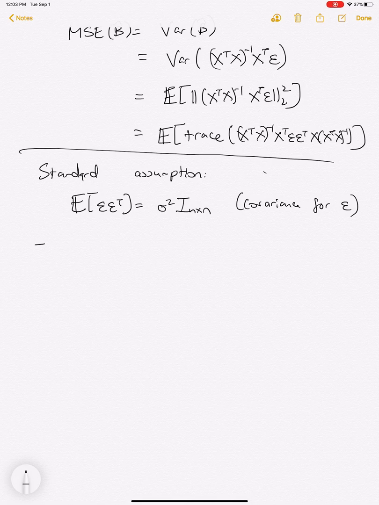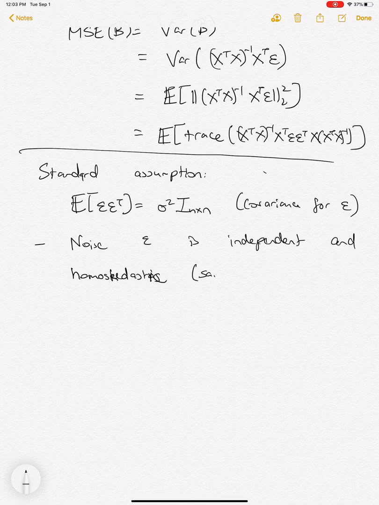So the noise epsilon is independent and homoscedastic, okay, sorry, so that it has the same variance.